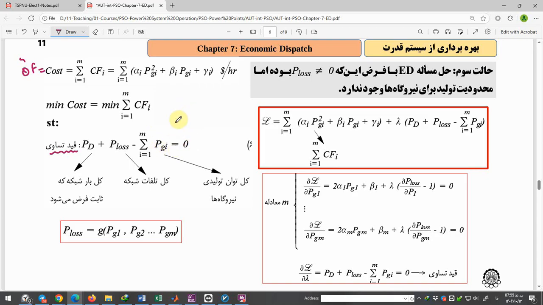This is the power balance in the presence of losses.